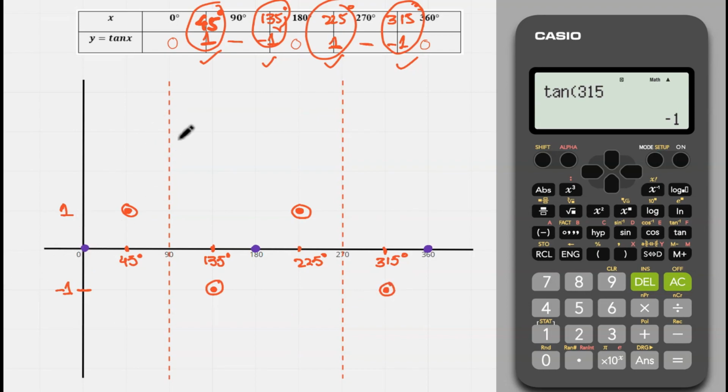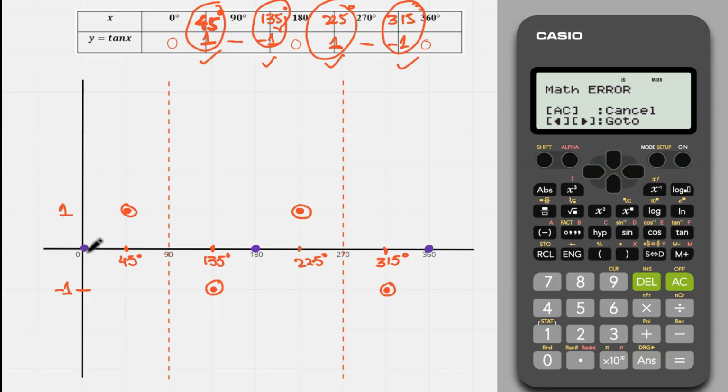Now let's join the points and draw the graph. I hope it's now a bit better. Join this point with this one, and then increase it a bit. At 90 you will get no answer. That's why at 90 and 270 we have drawn a dotted line, because you'll get no value here. It's undefined.